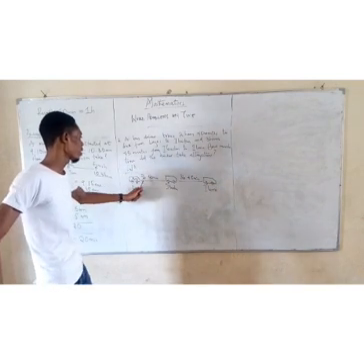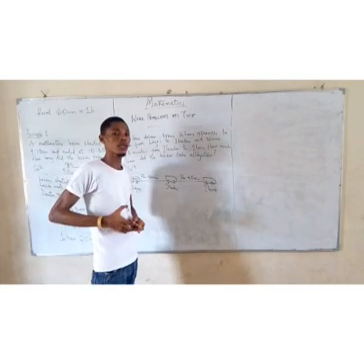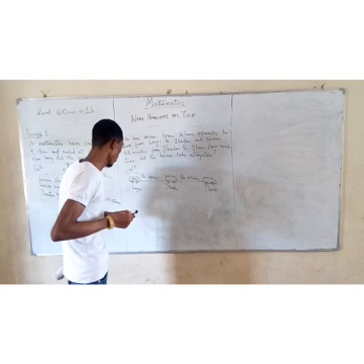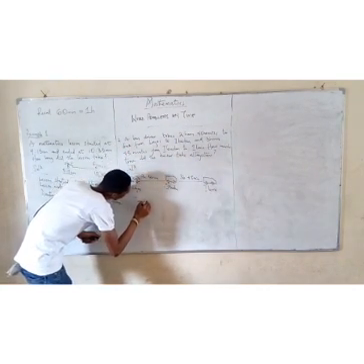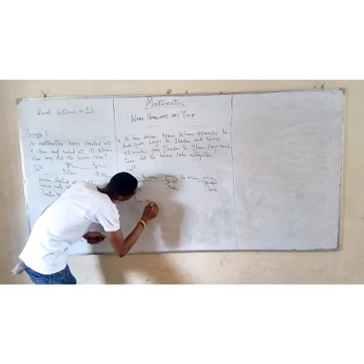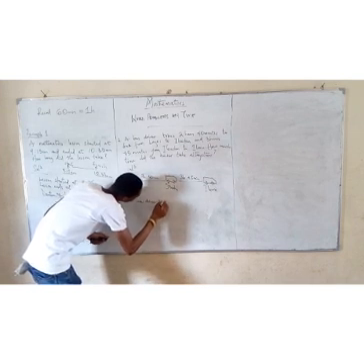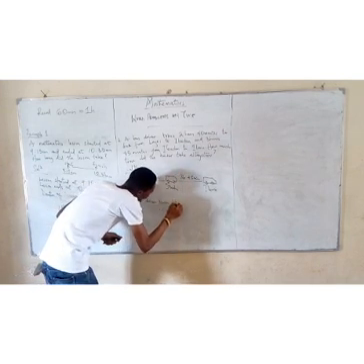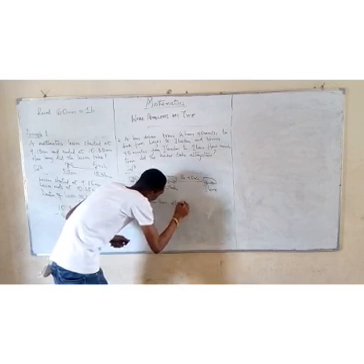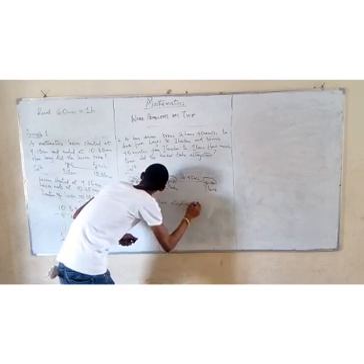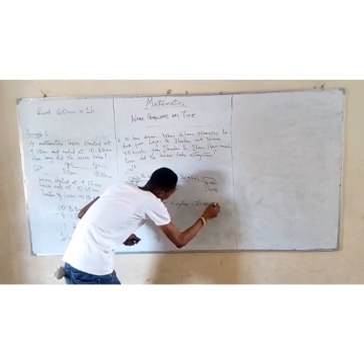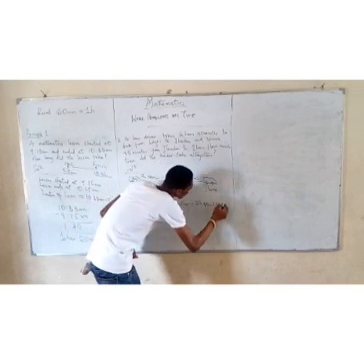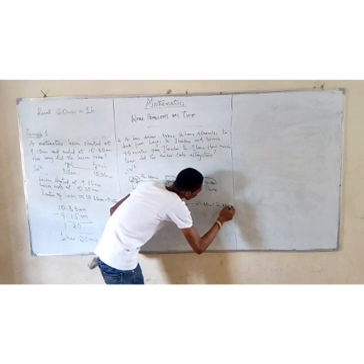So we are going to add this time to this time to know how much time the driver took altogether. So time driver took altogether is equal to 2 hours 40 minutes plus 3 hours 45 minutes.